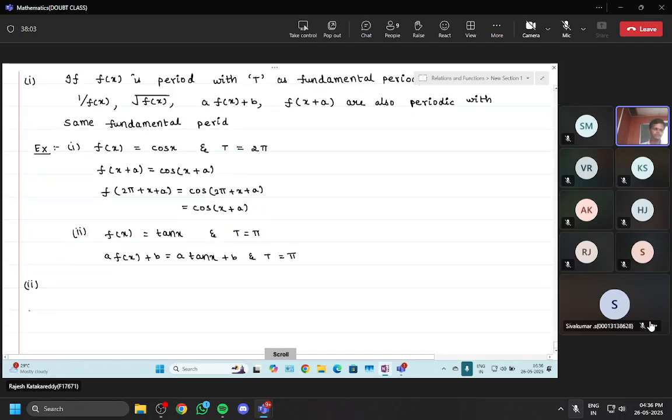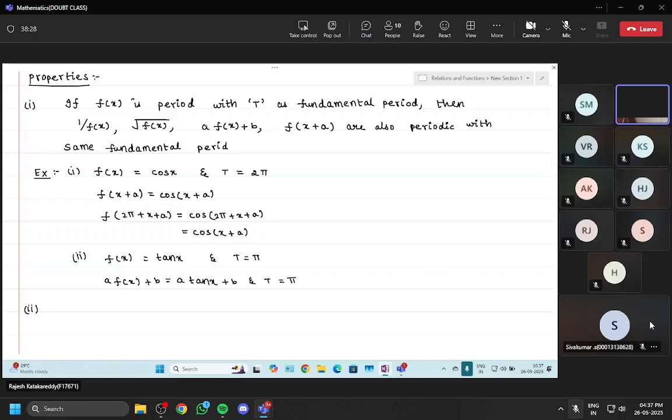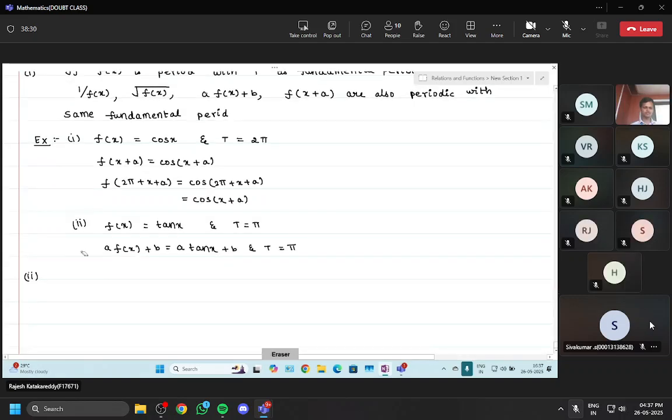Then the second property. Maybe here, take f of x plus T and prove you will get pi only. You will get the same fundamental period. There won't be any change. We can prove that. What you need to prove here, everything will get cancelled. Maybe if you want, listen. This function you assume as g of x entirely. g of x equals a tan x plus b.